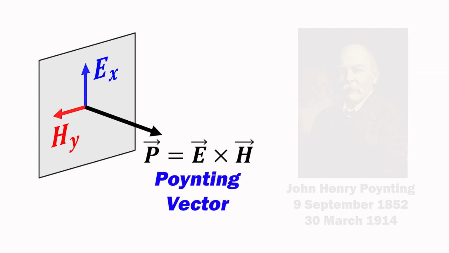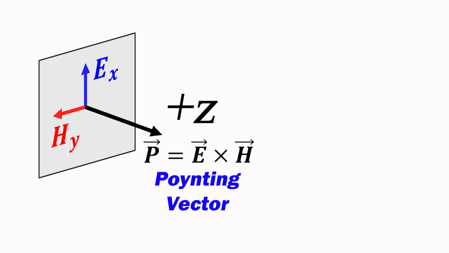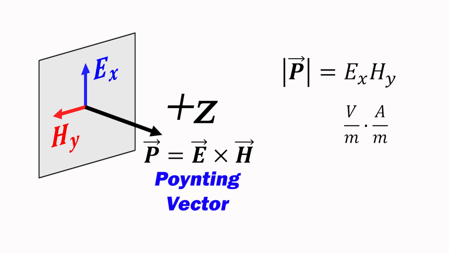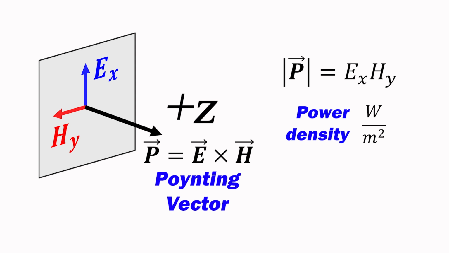In this example, with E in the plus x direction and H in the plus y direction, the Poynting vector points in the plus z direction. Its magnitude is the product of the magnitudes of E and H, which gives the power density of the propagating wave in watts per square meter.